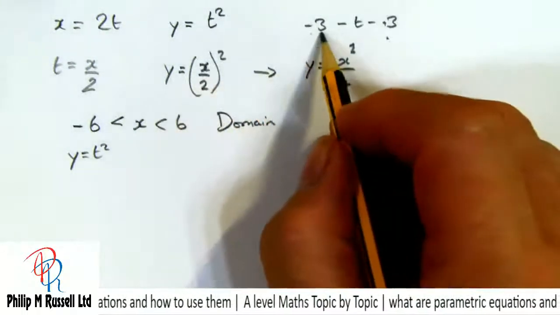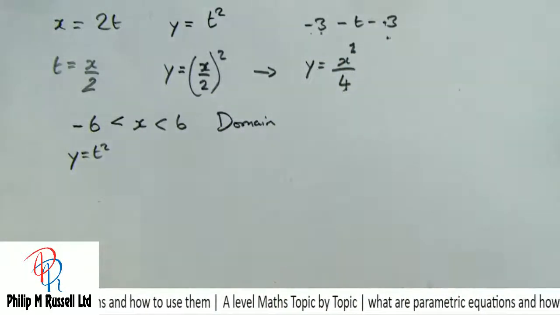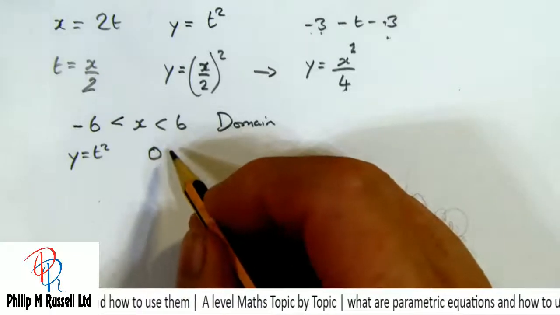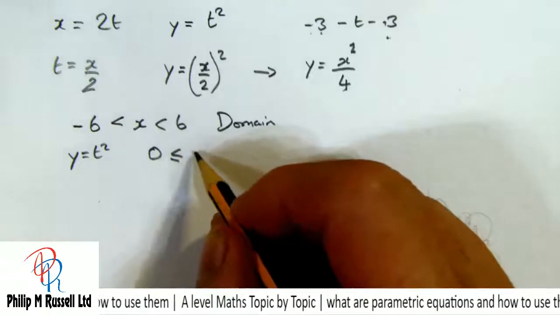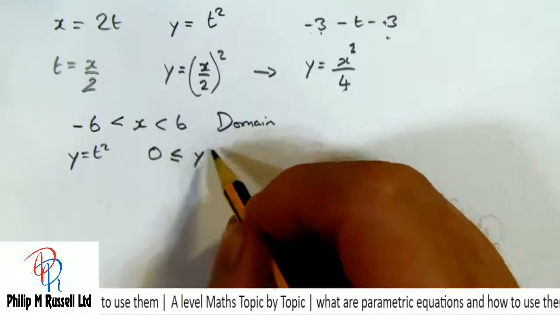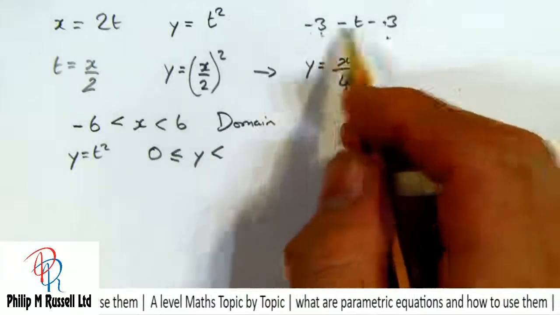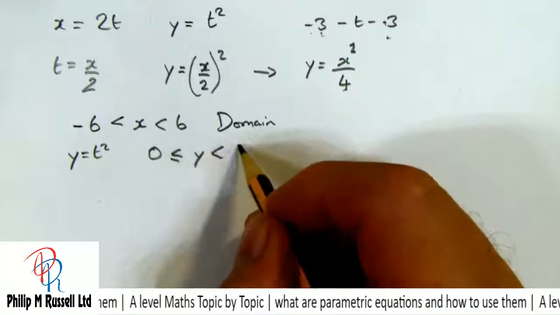It's going to be the square of those. So basically it's going to come down from 0, its minimum value, and its largest value will be this squared, which will be 9.